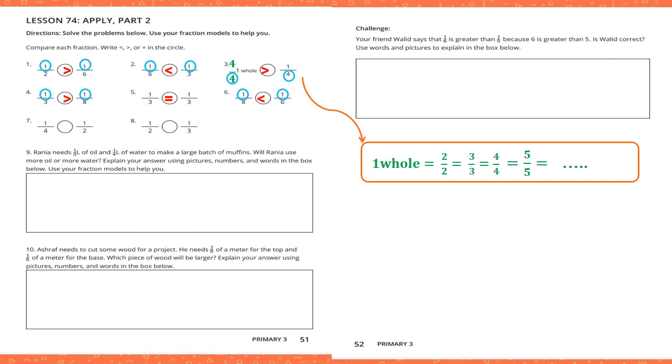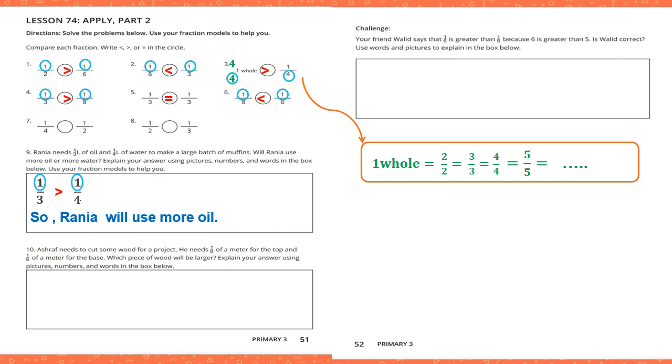We said before we have in numerators 1 and 1, so the smaller denominator is bigger. So third is bigger. We have third here and fourth here. The same numerator, so the big denominator is smaller and the small denominator is bigger. Yes, it's crazy. Okay, so Rania will use more oil because we have third in oil.